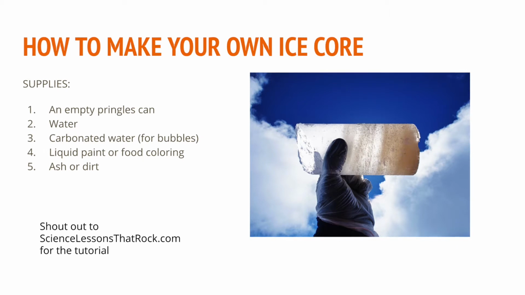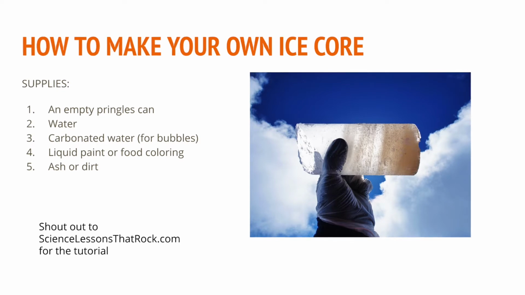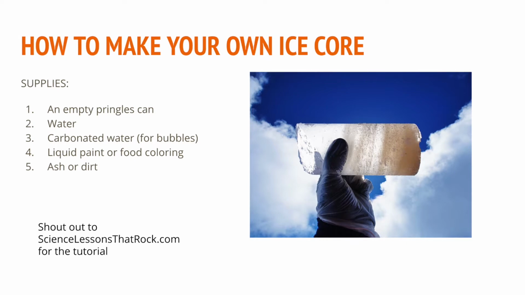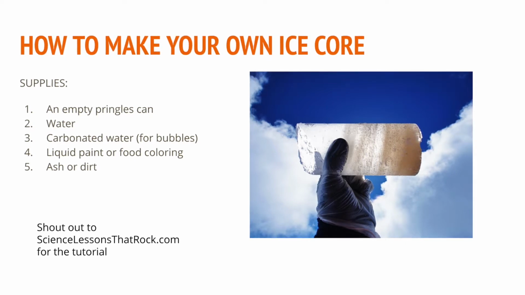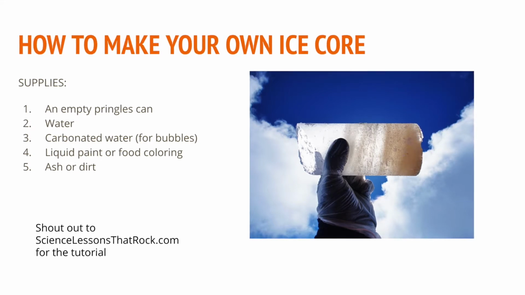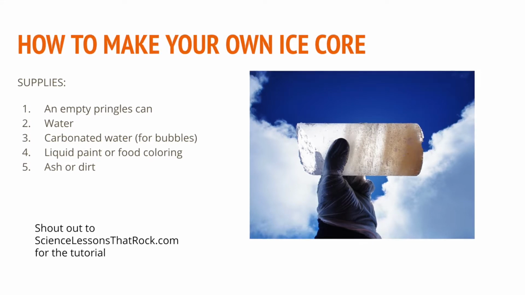So what you're going to do is get an empty Pringles can, and then you're going to get some water. And if you want, you can use carbonated water, the water with bubbles in it. You'll need some liquid paint or food coloring, and then some ash or some dirt.